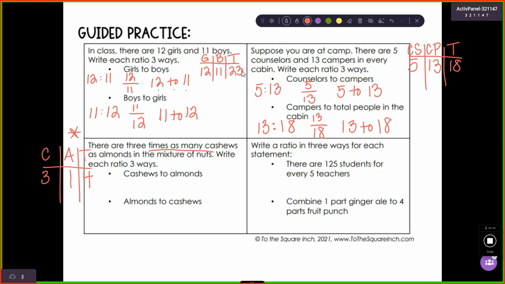All right. If you've already scanned this, which I know some of you like to work ahead, and that's all right sometimes, but right now I need you to make sure you're focusing. Here, cashews to almonds, almonds to cashews. Did it ask anything about a total? No, but you're still going to write it in your ratio table every single time, because it will come to a question that levels up.